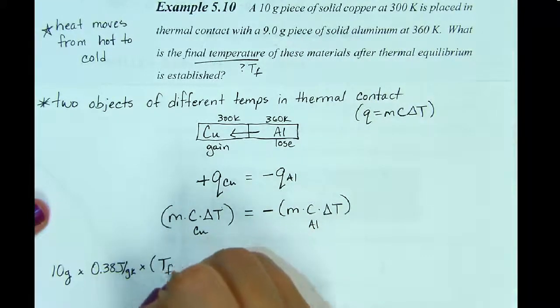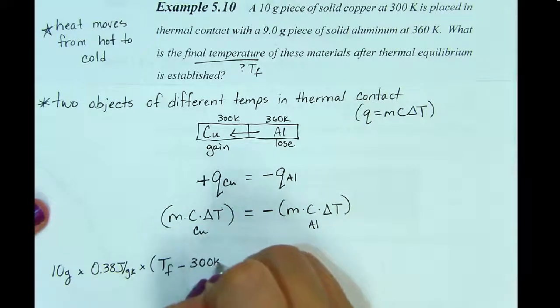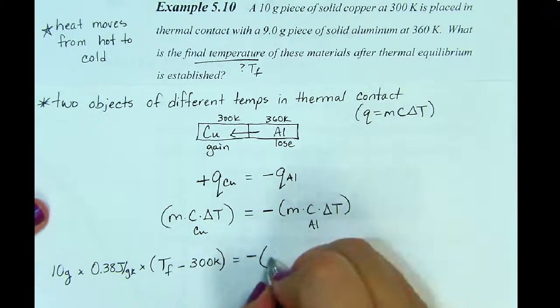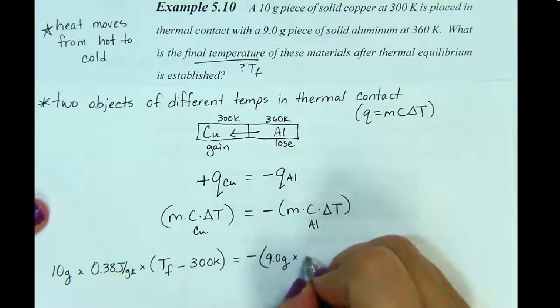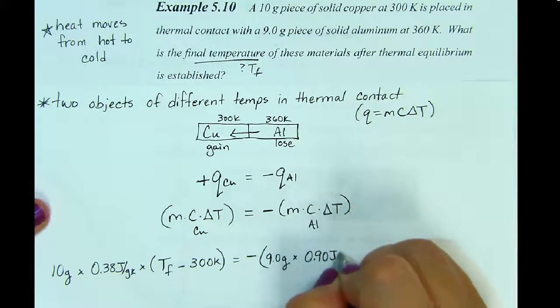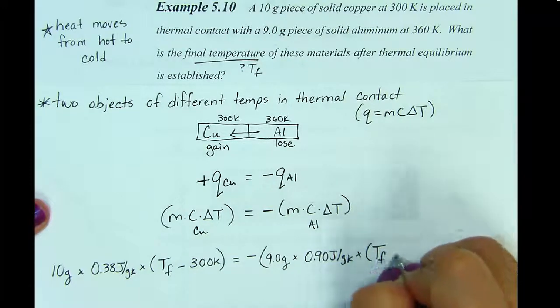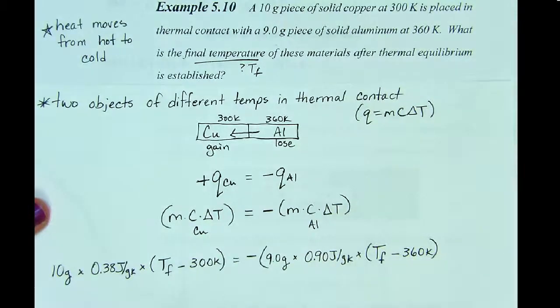So I'm going to write TF minus its initial temperature of 300 Kelvin equals negative the mass of the aluminum, which is 9.0 grams, times, again, you would be provided the specific heat of aluminum, 0.90 joules per gram Kelvin, times, we don't know the final temperature, minus the initial temperature was 360 Kelvin.